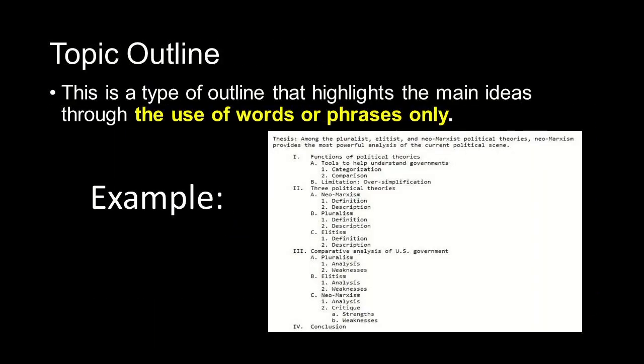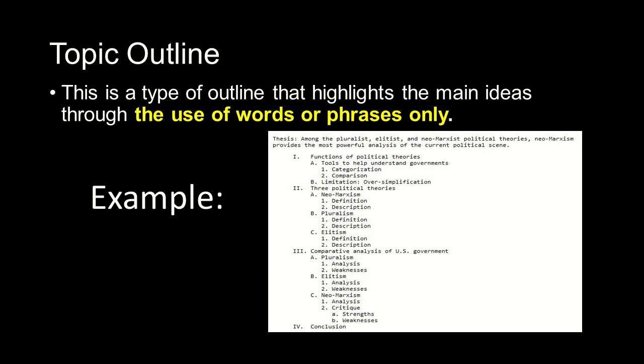So first up, the topic outline is the first kind of outline, and this kind of outline highlights the main ideas through the use of words and phrases. This way, the author gets to picture out the components of the paragraph in such a way that is brief and yet functional.